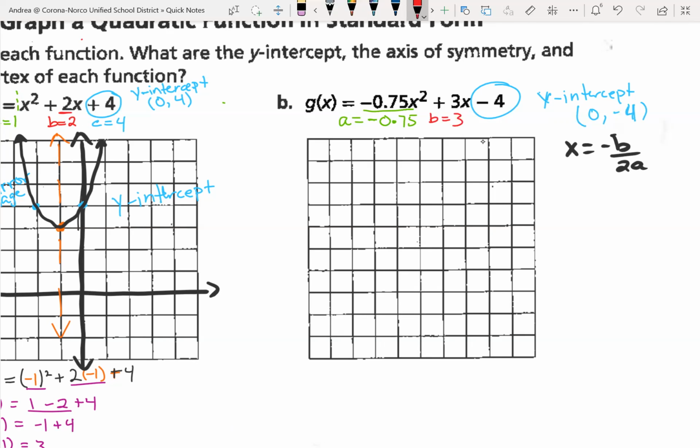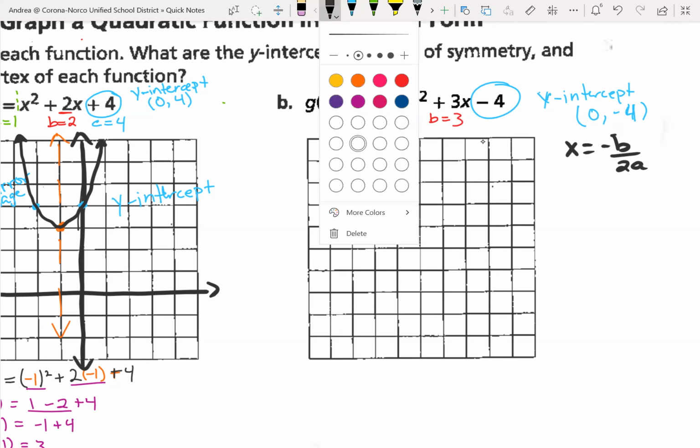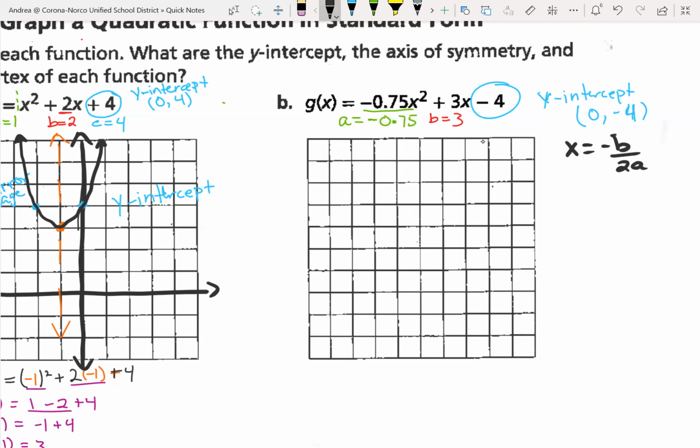So we're going to plug it into our equation for the axis of symmetry. So we're going to have x equals negative b, which is 3, so it changes the sign to a negative 3, divided by 2 times negative 0.75. Yes.